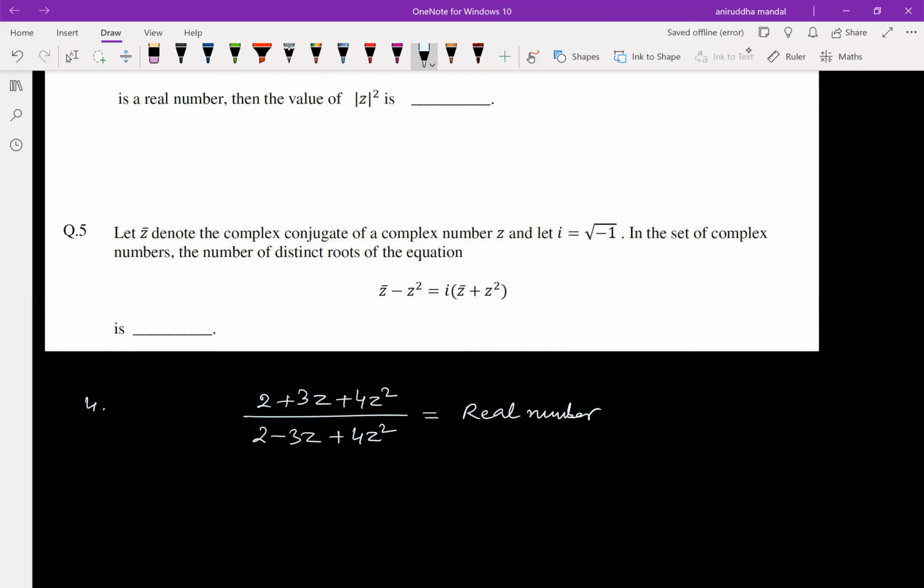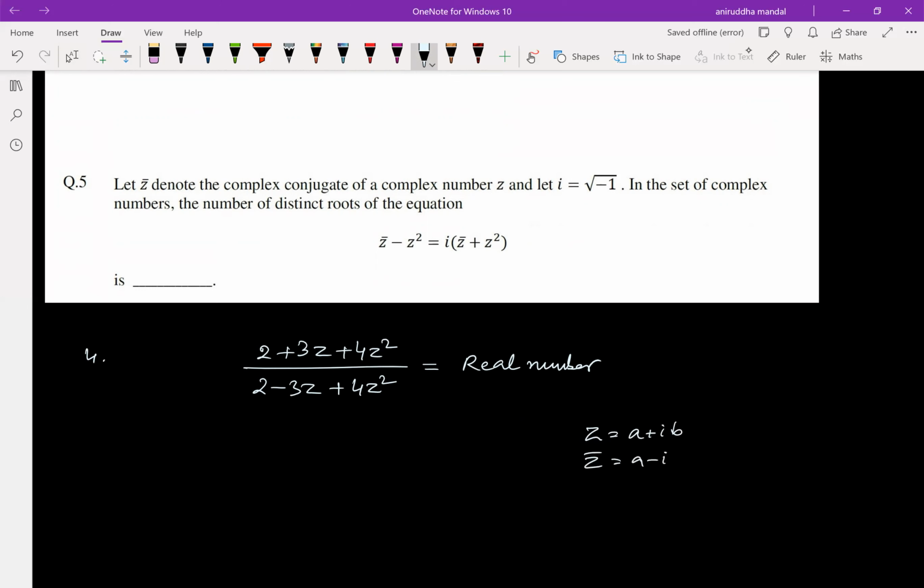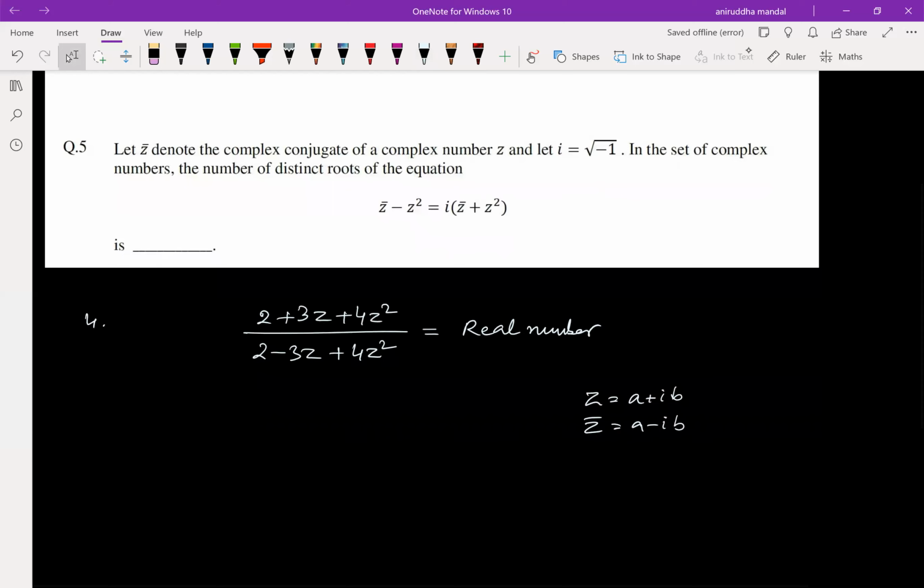From the property of complex numbers, let's say z equals a plus ib, then z bar equals a minus ib. So z minus z bar is 2ib, and z plus z bar equals 2a.